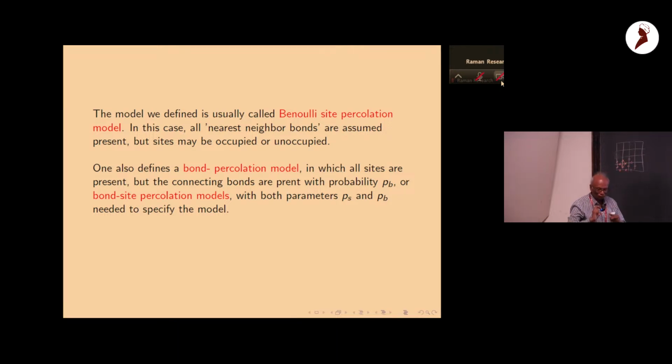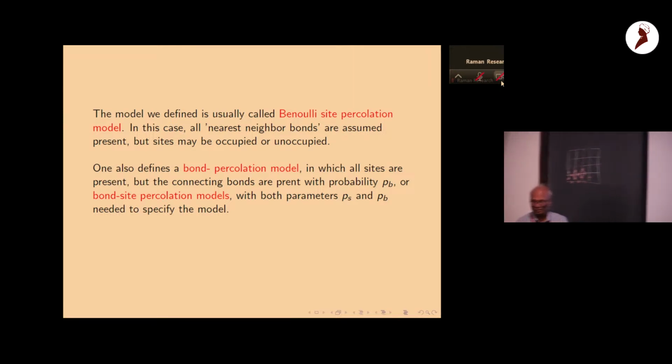So you have to draw bonds. The bonds here will not be the square lattice, they will be like this. Okay, so this is called the matching lattice. So the bond percolation problem becomes a site percolation problem on a slightly different lattice. I don't have to work in 2D, I can work in 3D or 4D, and all these problems are defined and they are studied depending on the application.